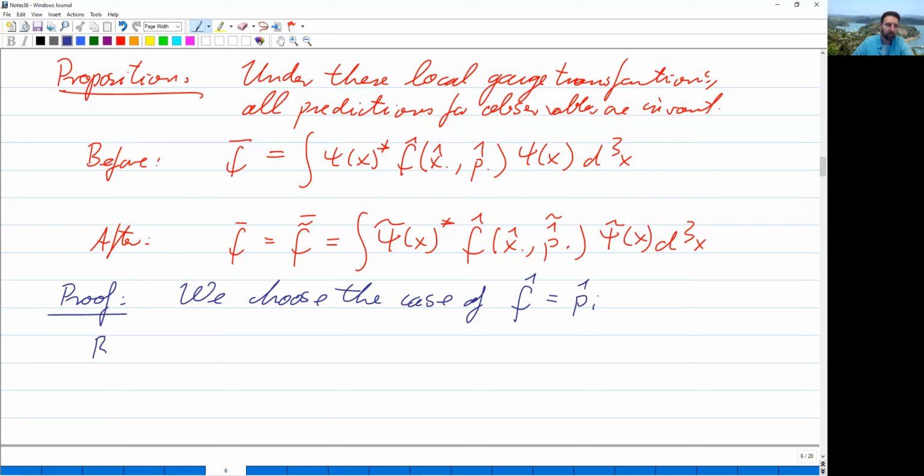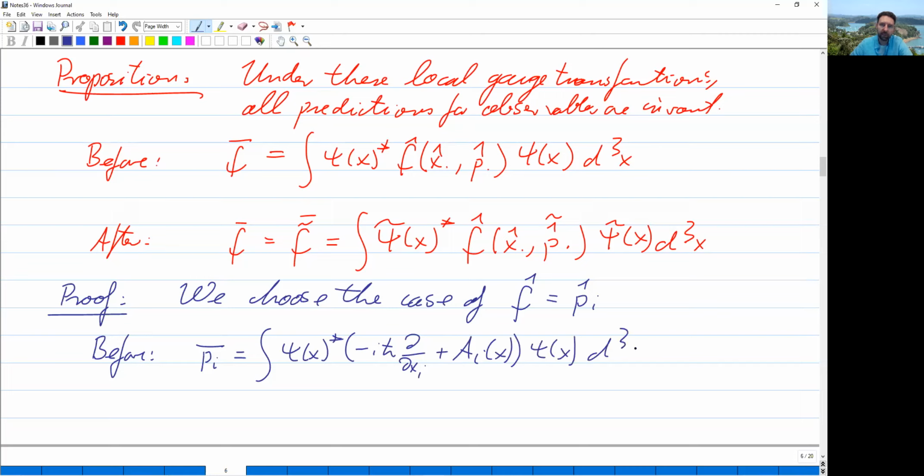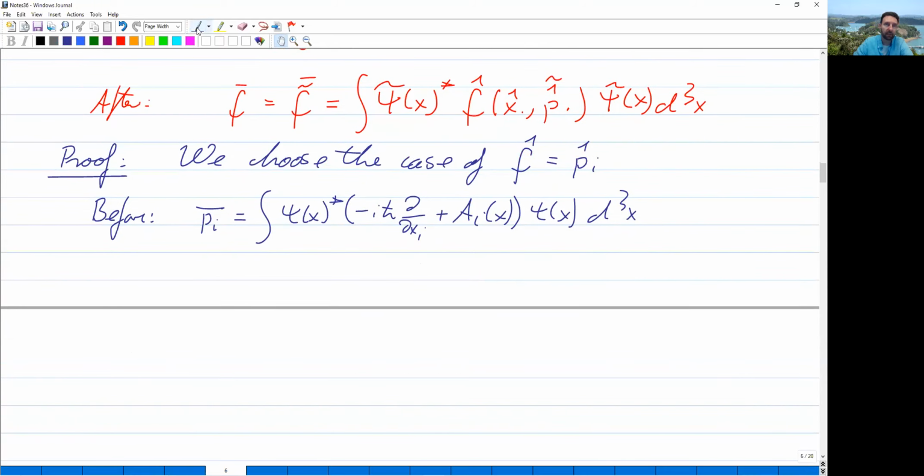Then what do we have before the gauging? Before the gauging, we have that the expectation value for the momentum is equal to the integral of psi of x star, and then the operator is minus i h bar d by dxi, and we are not done yet, because remember, we introduced a new field, plus Ai of x, and then psi of x d3x. And this gives us, just for later comparison, two terms, right?